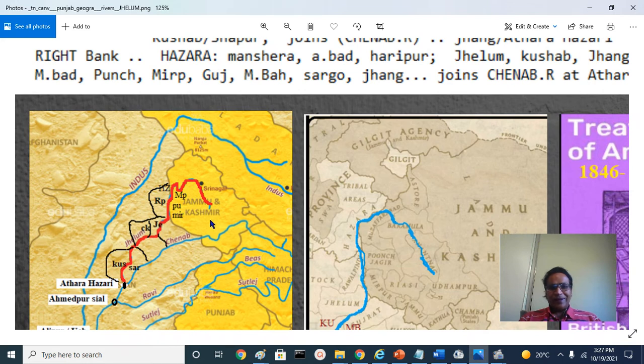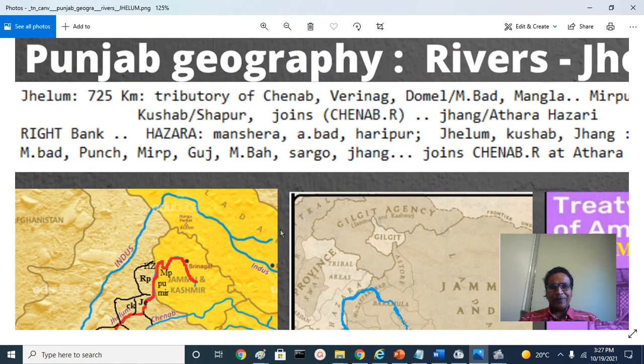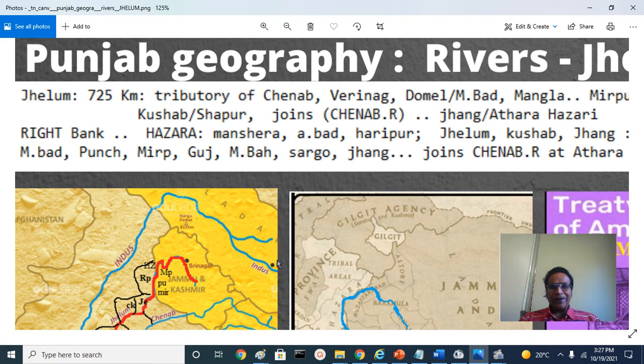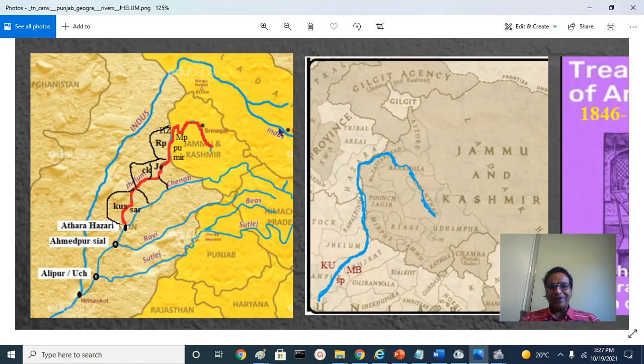So the source of River Jhelum is Verinag in the Vale of Kashmir. The mouth of River Jhelum, or its merging point into the ocean or other water bodies such as a river, here the Chenab, is the southern part of Jhang city or Jhang Sadar at a place called Atara Hazari or Ataran Hazari or Sarai Sidhu.